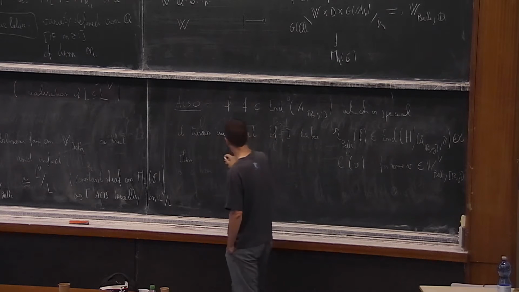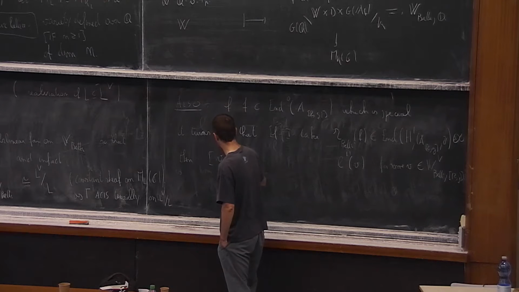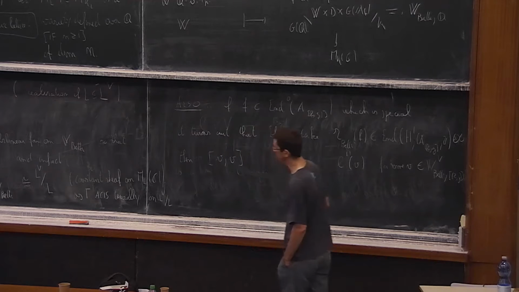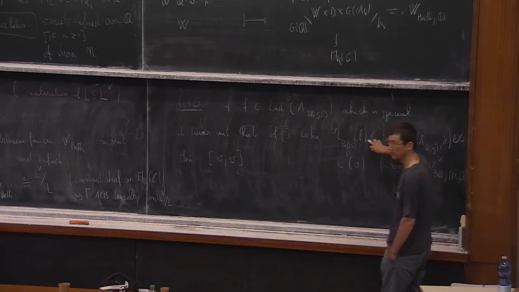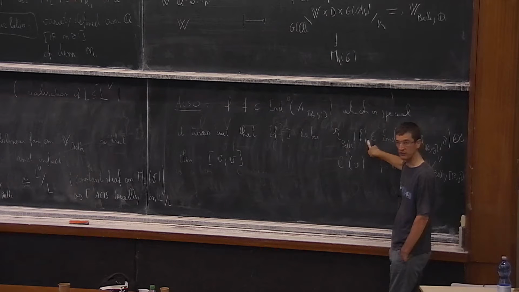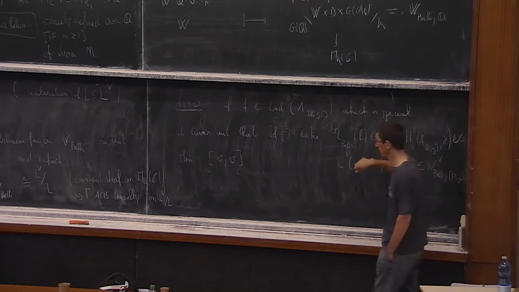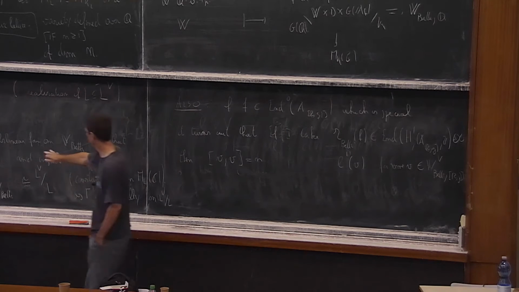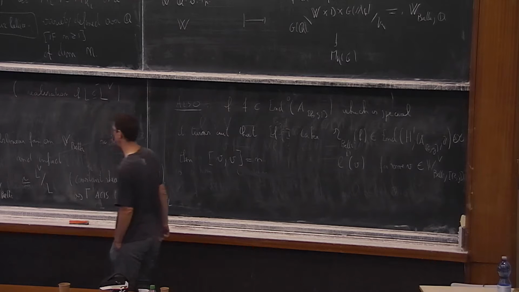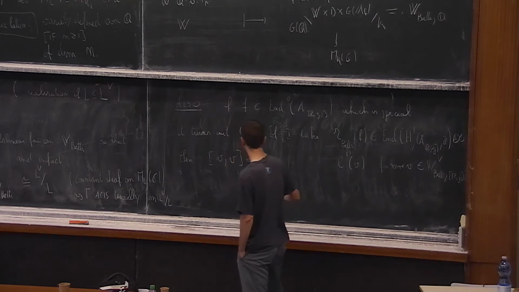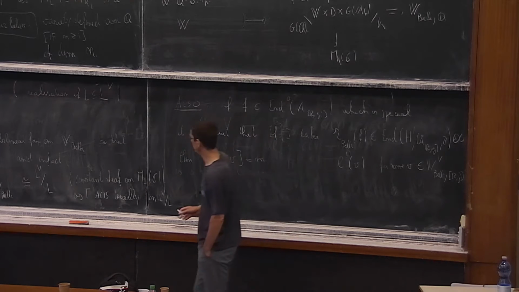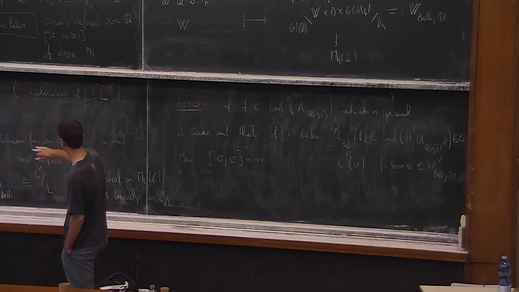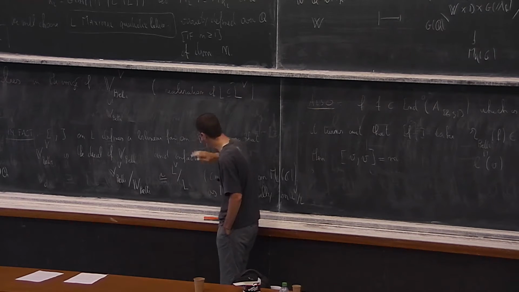And then I can consider the quadratic form on the element V that gives rise to this Betti realization. Since this is a bilinear form on my Z local system, the bilinear form is integrally defined on V Betti.